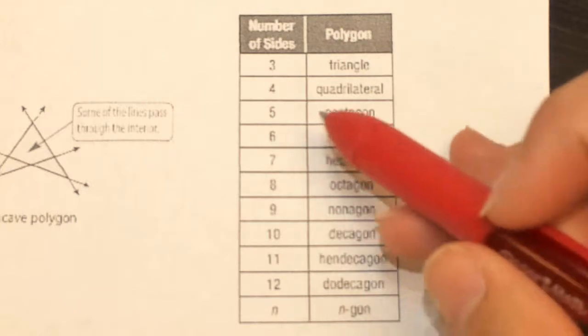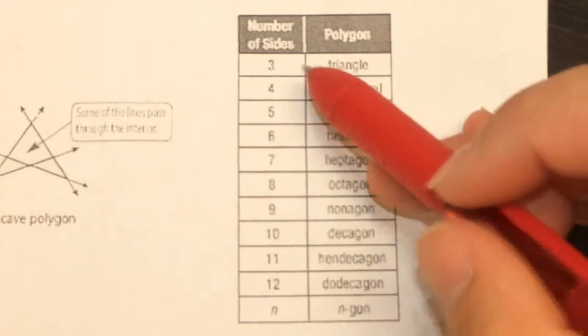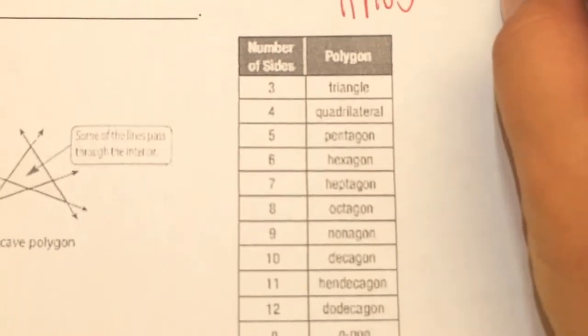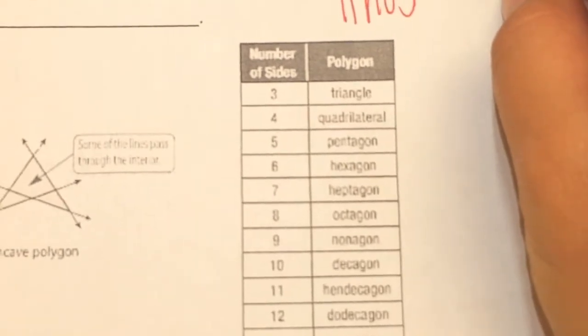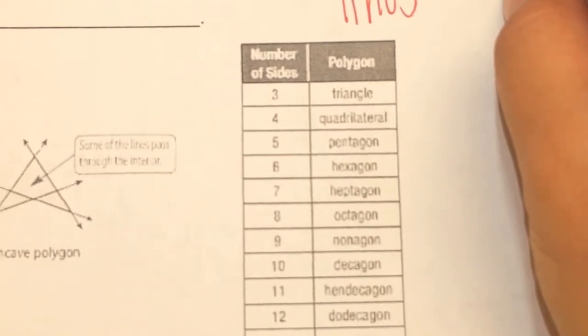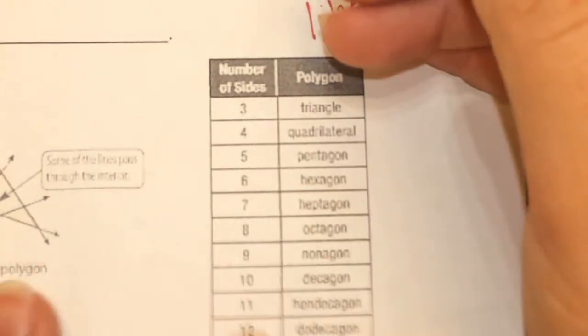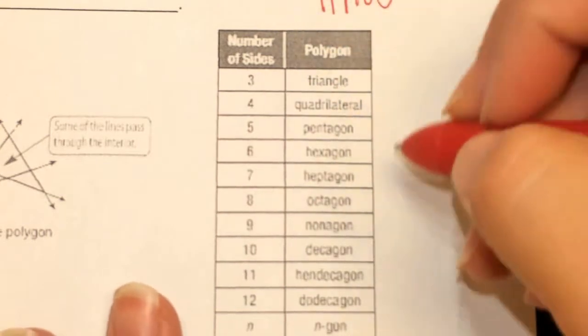Let's go through some things that help us. Do y'all have anything? Tri is 3, quad is 4. Does anybody have a hint for pentagon? The pentagon, like the government building? Oh, yeah. And it has 5 sides? Okay.